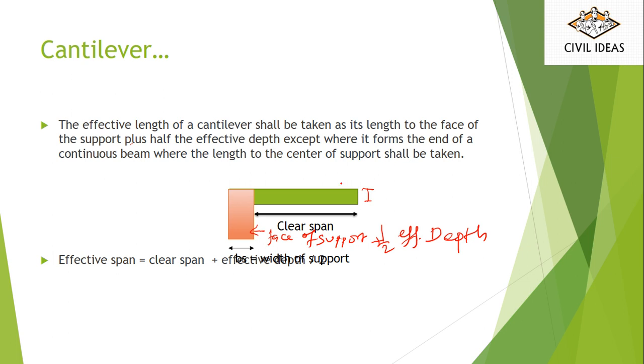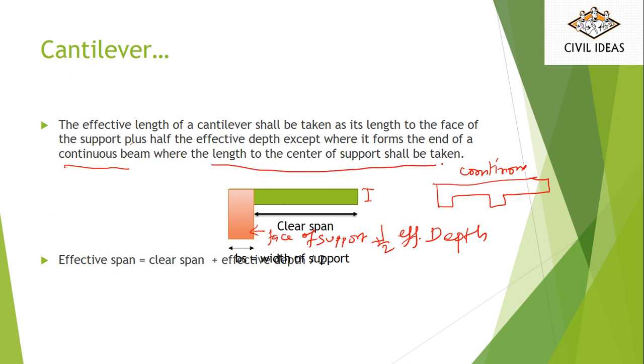Now it says two things: if a cantilever beam emerges only from a column, then it will be the face of the support plus half of the effective depth. Now if it emerges from a continuous beam, this is the image of the continuous beam, then the effective length will be taken to the center of the support. This is the center, this will be the effective length.